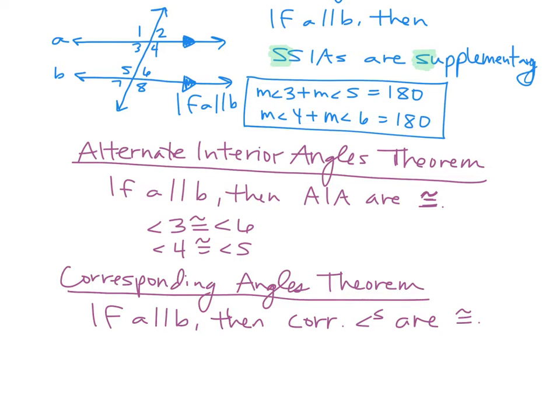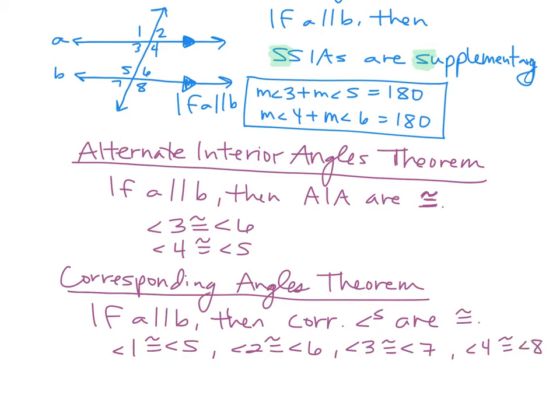What numbers are congruent in this picture? Yeah, Sam. 1 and 5. 1 would be congruent to 5. Or 2 would be congruent to what? 6. Or 3 would be congruent to 7. Or 4 would be congruent to 8. Right?